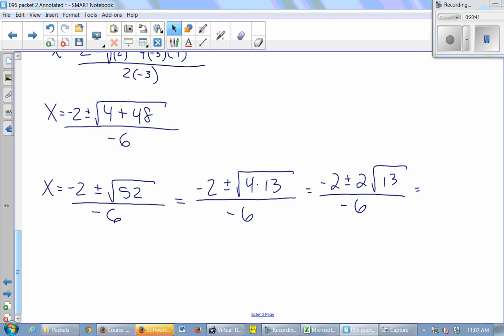Break it into two fractions, -2 over -6 plus or minus 2 root 13 over -6. -2 over -6 is 1/3. And my 2 and my 6 will reduce to 1 and 3. So that's going to become root 13.